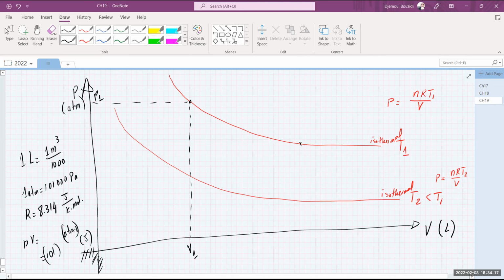If I take another point on this isothermal, let's call it V3 for right now, it has a pressure. If I know the volume, then I know the pressure. P3 is simply equal to nRT1, it's the same temperature, divided by V3, okay? And the process going from this point to this point is an isothermal process. This is the one that has all of that W and all of that Q, and delta U is 0. Going from here to here, delta U is 0.